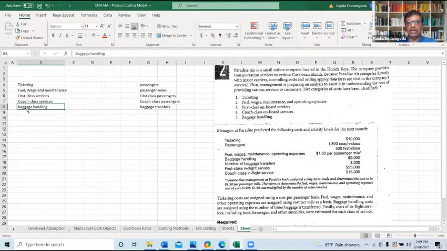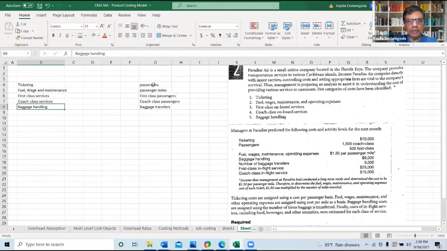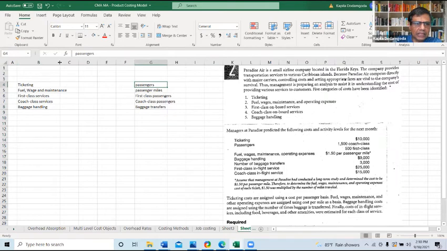Now there are many different types of costs in this airline company. What they say is that ticketing costs are assigned to customers based on the number of passengers, because the ticketing operation, whether it is coach class or economy class, is the same procedure. So the driver for ticketing cost is the number of passengers, right?